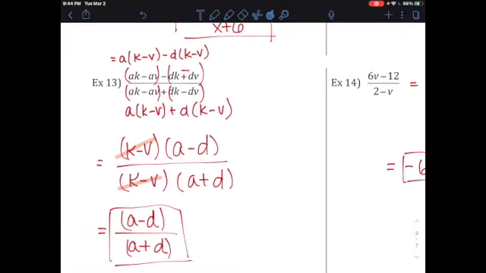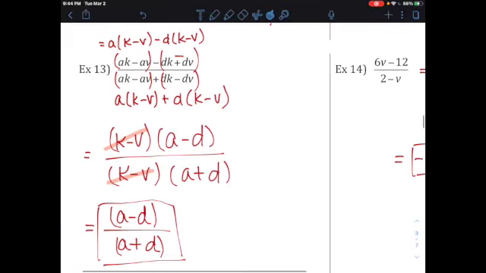For example 13, the one thing I want to remind everyone is don't forget it's a 4-term grouping problem, so therefore the top, the numerator, has a negative sign, so therefore you have to change the sign. So when you group it, make sure you change the sign between the third and fourth term. On the bottom, you don't have to.